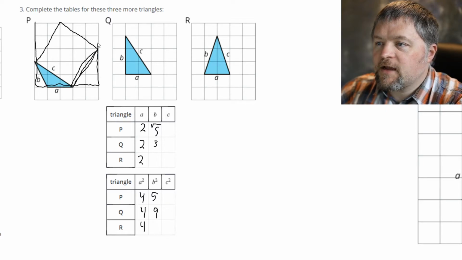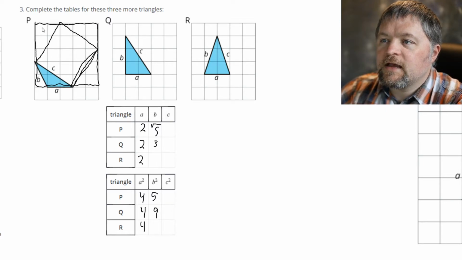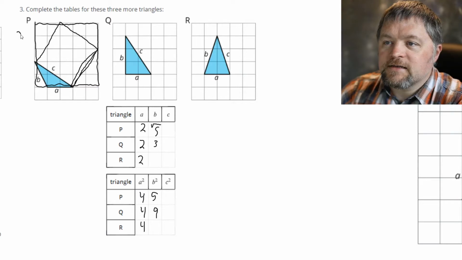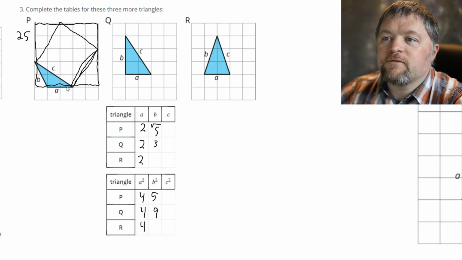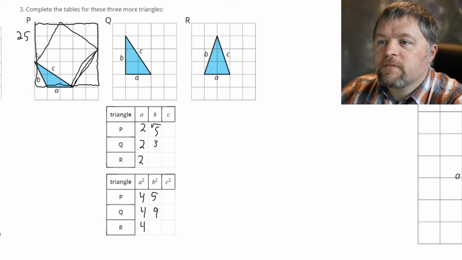Enclose that square. And it is 1, 2, 3, 4, 5 by 1, 2, 3, 4, 5. That has an area of 25 square units. This little triangle off from it is 2 units by 3 units. 2 times 3 is 6. Over 2 is 3.